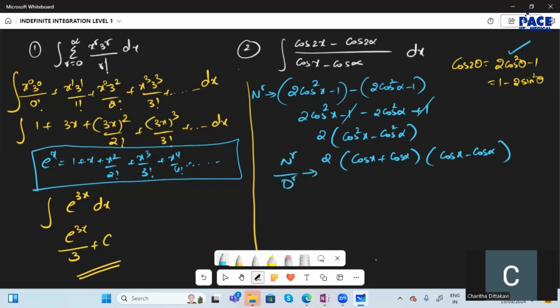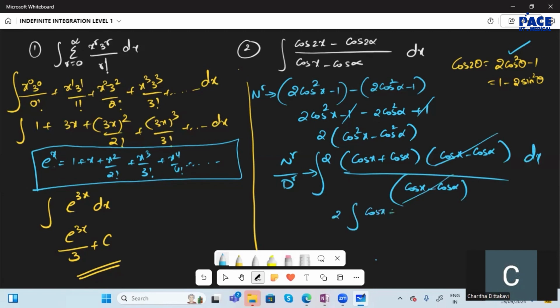Now include your denominator too. That is your cos x minus cos alpha. Now integral of this dx, and now terms get cancelled here. So you're left with 2 integral of cos x plus cos alpha dx. Now think about and tell me, what is the integration of cos x? Cos x integration is sin x, isn't it?